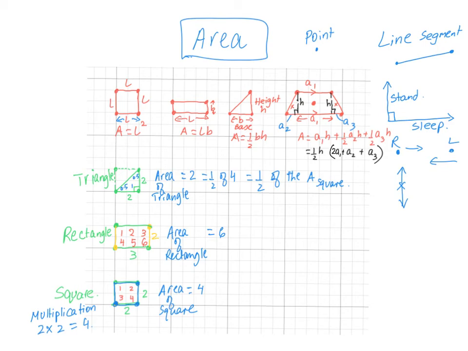Okay, so what is A1 plus A2 plus A3? And then what is an extra A1? So let's just work on this down here. What would 2A1 plus A2 plus A3 be?